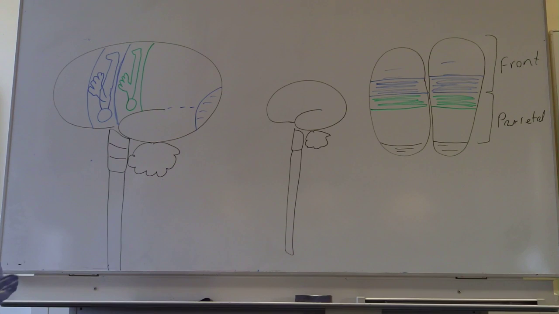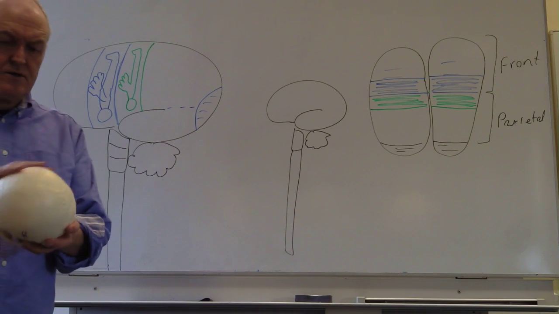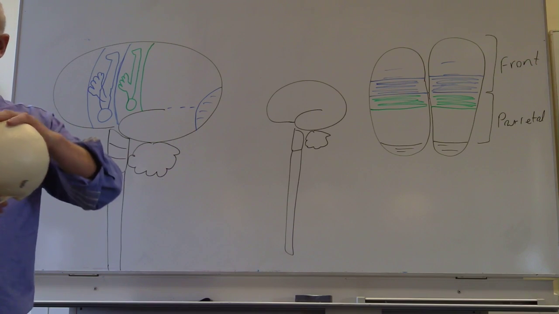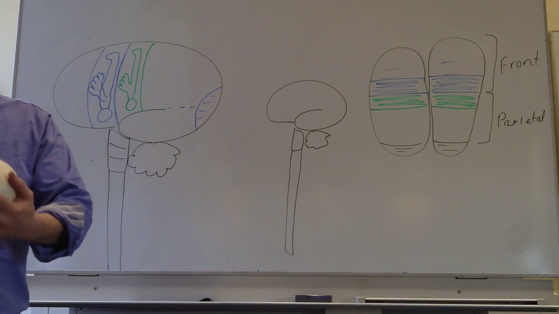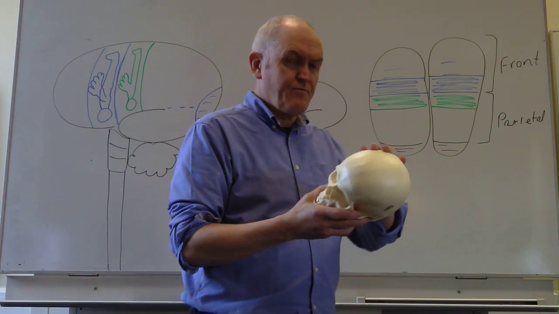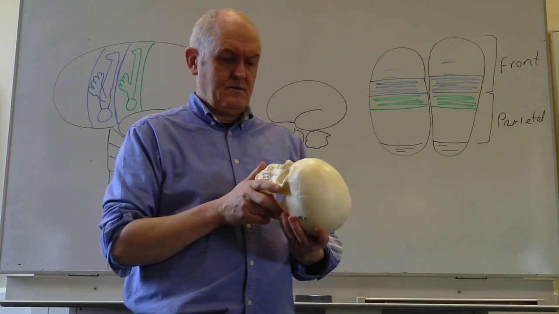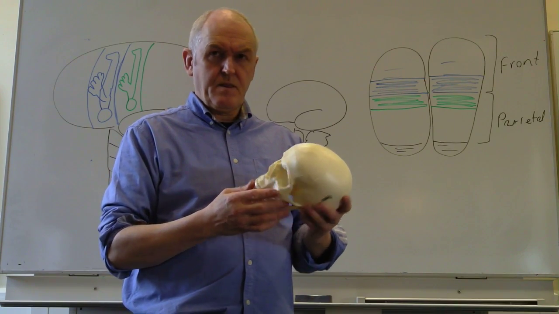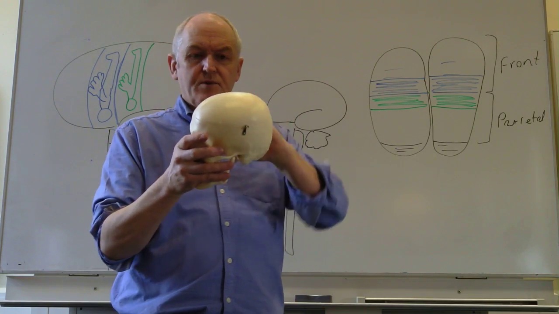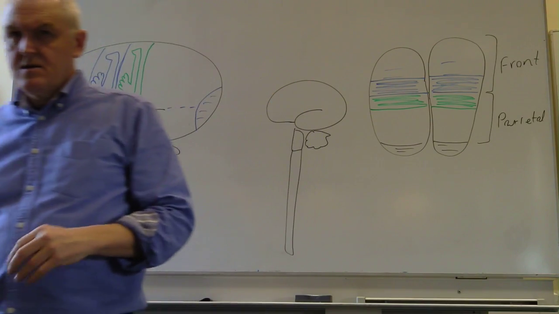And we see that the brain is surrounded by this vault of the skull. And these are called the cranial bones. So the bones that go around the brain are called the cranial bones. These ones on the front, you could call those the facial bones. But the cranial bones surround the brain.